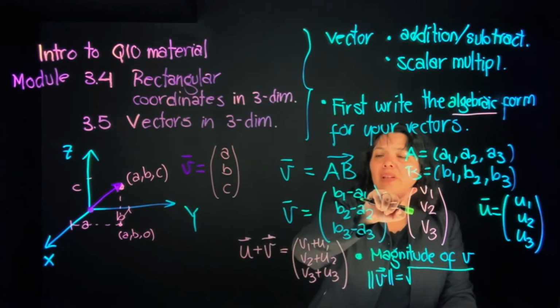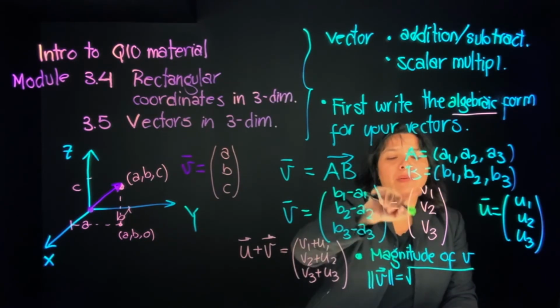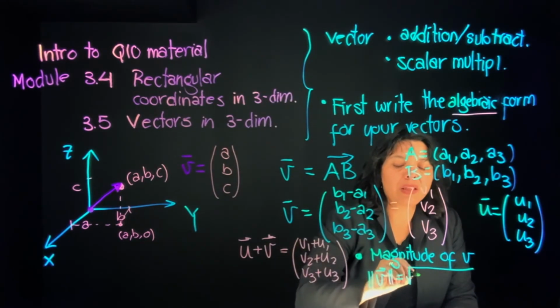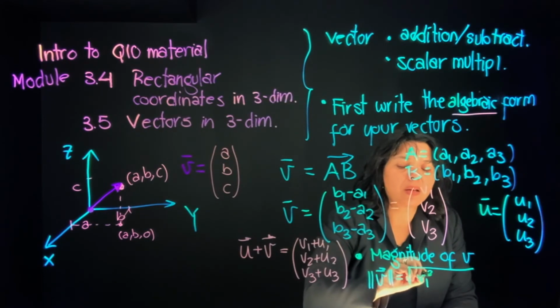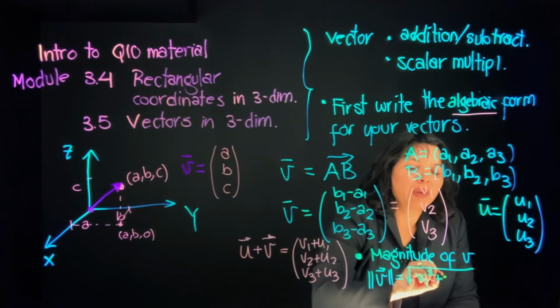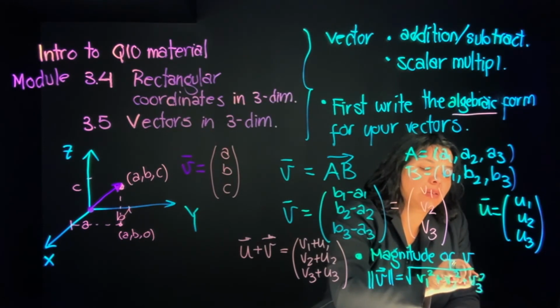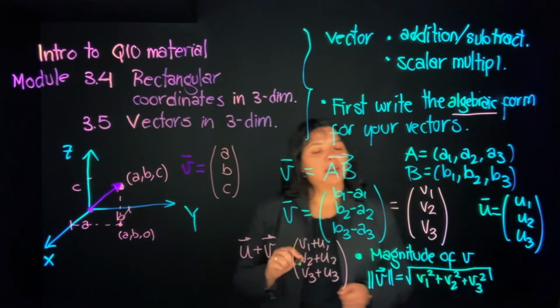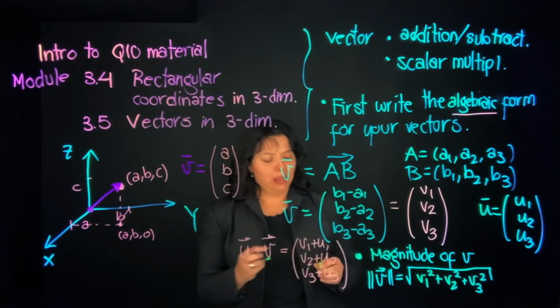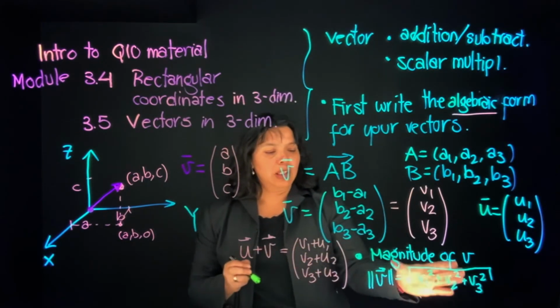So if my vector V in its algebraic form is V1, V2, V3, then its magnitude is going to be the square root of V1 squared plus V2 squared plus V3 squared. And that would be the generalization for this.